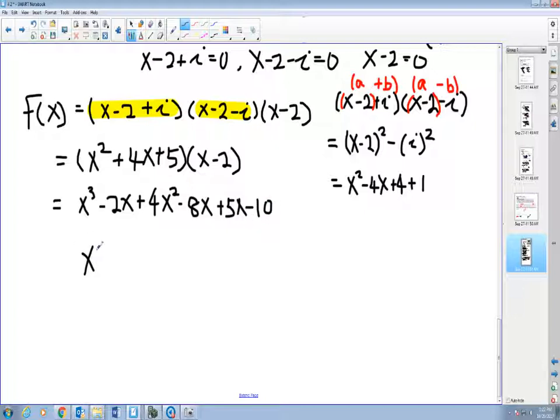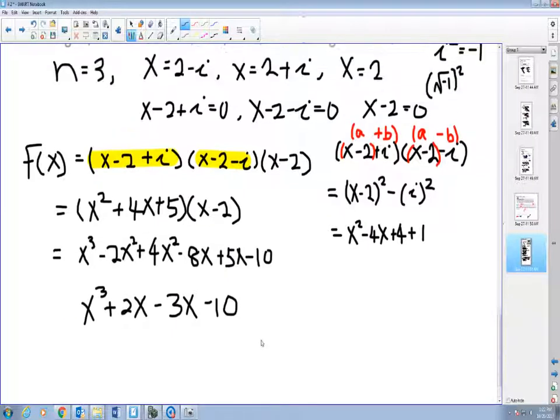I should get x to the third. Oh, did I do this right? x squared times -2 is -2x squared. Sorry about that. -2x squared plus 4x squared is positive 2x squared. Negative 8x plus 5x is negative 3x, and minus 10. Okay, multiply it out, simplify it, it looks something like this.